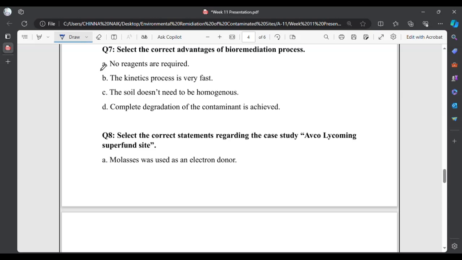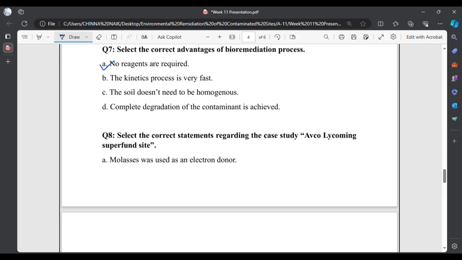What reagents are we using in the bioremediation process? We are introducing only a microbial community. Yeah, no reagents are required. It is correct. We are not adding any chemicals or reagents.